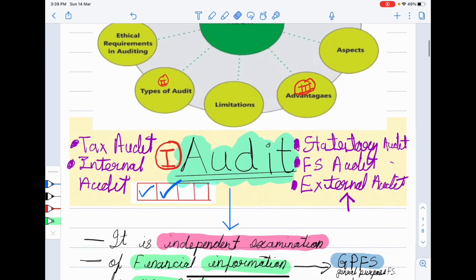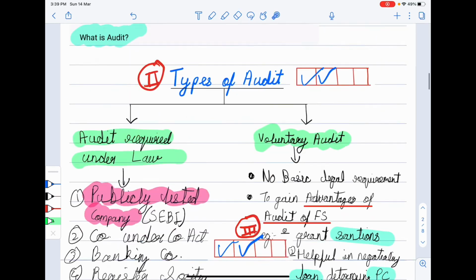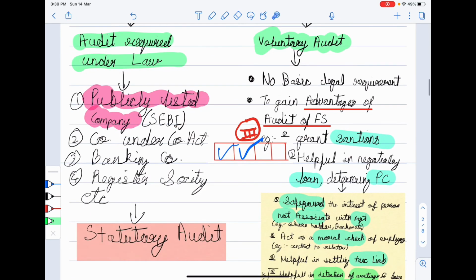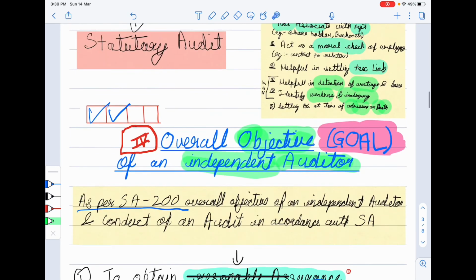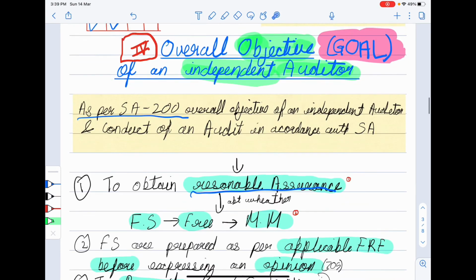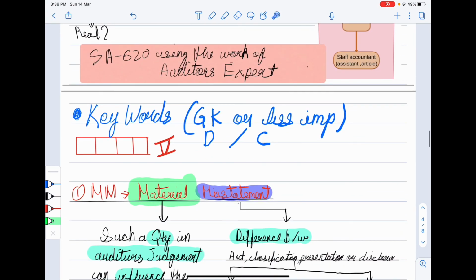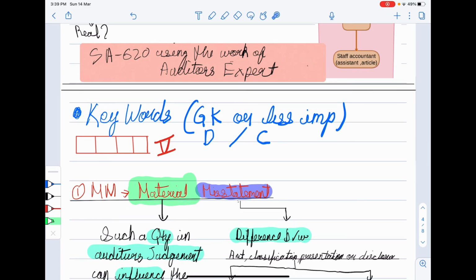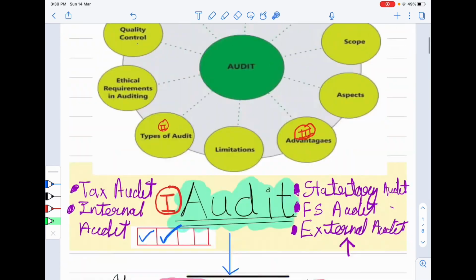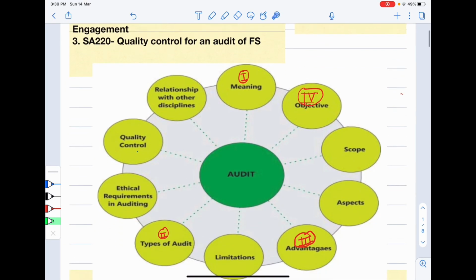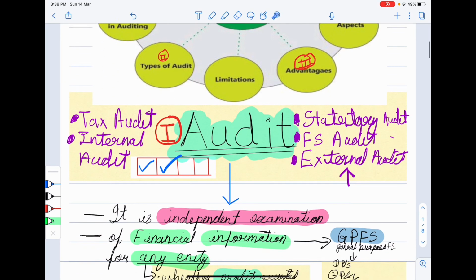We have also learned four answers: define audit, types of audit, advantages of audit, overall objective of independent auditor, and then four keywords and their meaning. Let's have one final quick revision. We both will say it together.